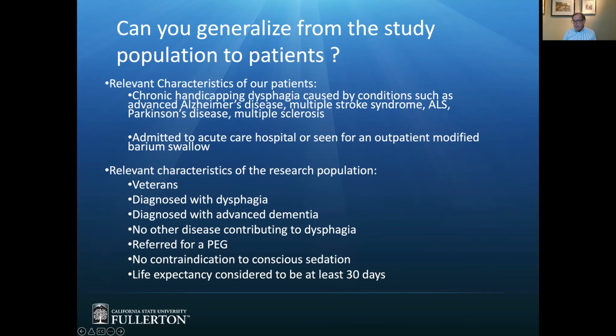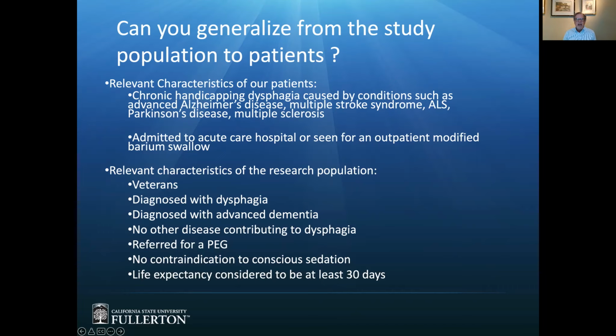They are referred for a PEG. That's kind of how they got in the study. The physician said, maybe we better do a PEG on this patient. They had no contraindication, I should say, to conscious sedation. That's a light sedation. Some people's heart or general health may be so poor that they can't even tolerate a light anesthesia. It takes about 10 minutes to put a PEG in.